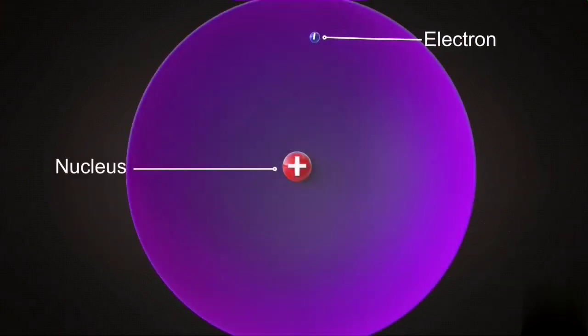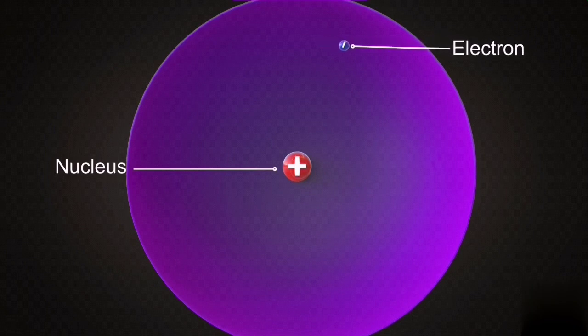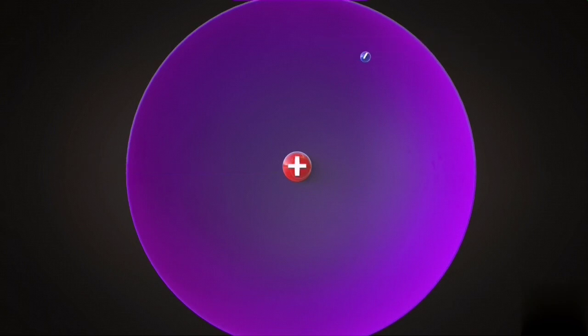But this model did not get much acceptance, as it said that the electron keeps revolving around the nucleus. However, later it was found that any particle in a circular orbit would undergo acceleration.